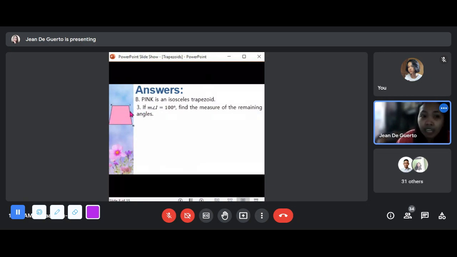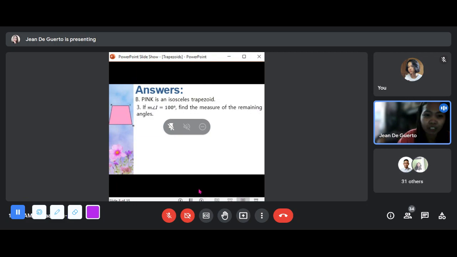So ibig sabihin, angle I and angle N, hindi sila base angles, but they are consecutive angles. Their sum must be equal to 180. Okay? So kung 100 yan, ano ang measurement nito? 80. Okay? Kasi 180 minus 80. So you have 80 degrees ito. So kung 80 yan, that means angle K is also 80 degrees.